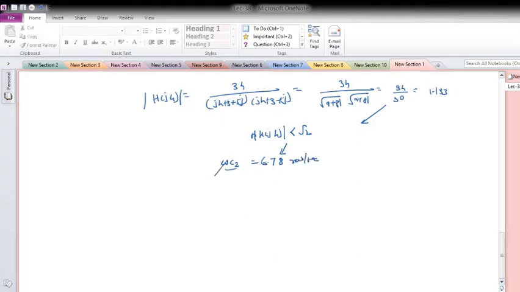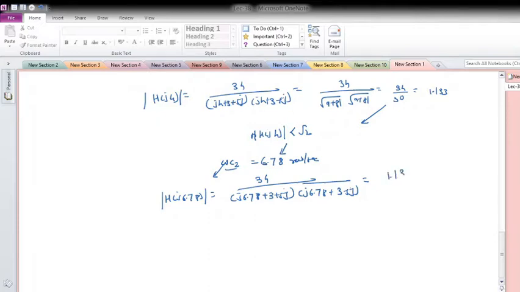Now suppose I would like to know how much is the magnitude at omega C2, which is 6.78. So I will calculate the magnitude at omega equal to 6.78. If I put omega equal to 6.78 in j 6.78 plus 3 plus 5j, times j 6.78 plus 3 minus 5j, this is nothing but 1.133 divided by root 2, whatever the value you will get.